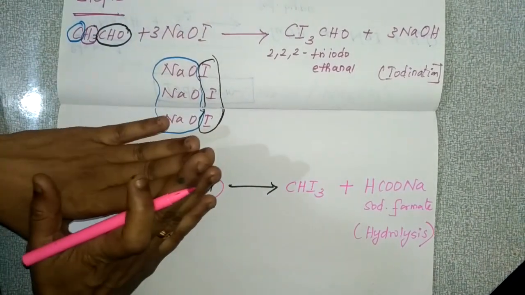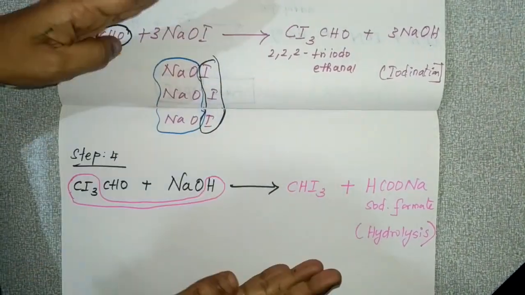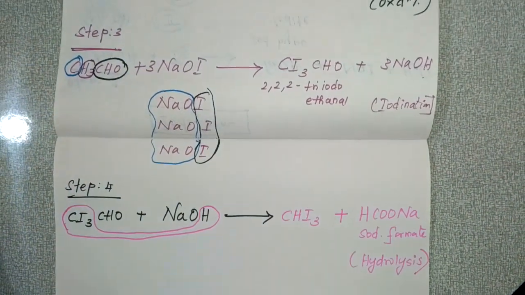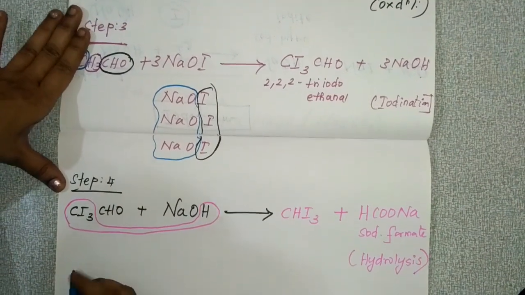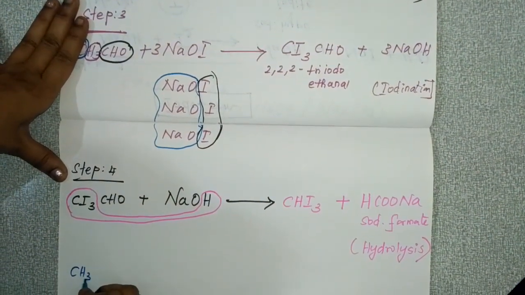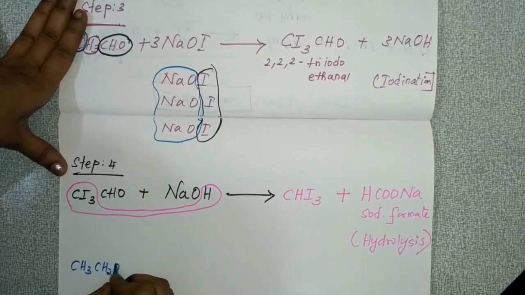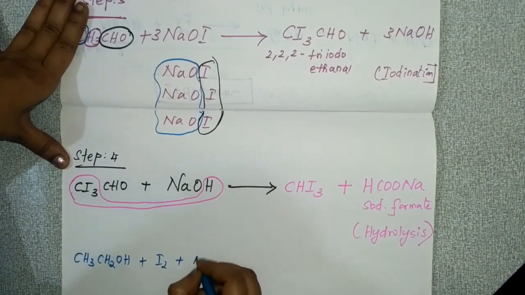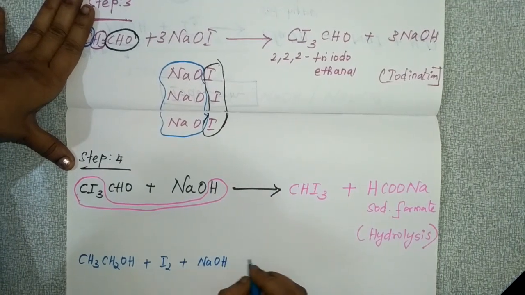And all these 4 steps, you can write in one reaction. So the overall reaction is: ethanol you are taking, and you are making it react with iodine, sodium hydroxide.